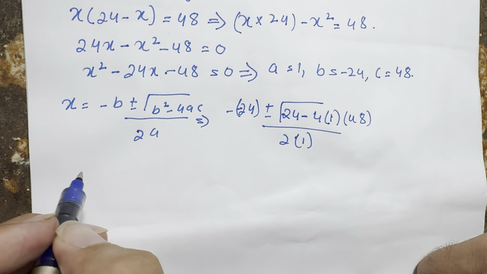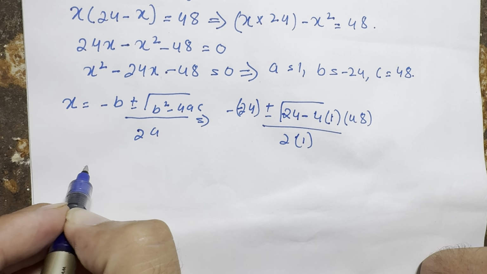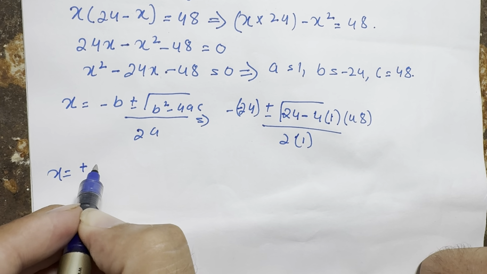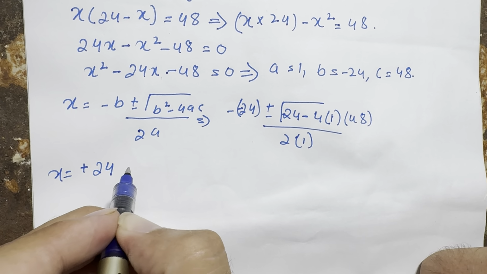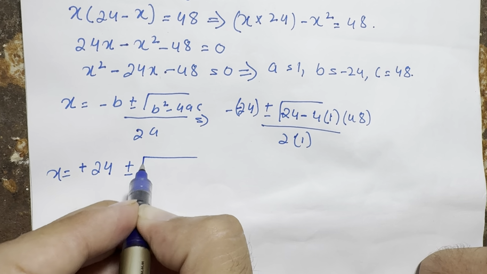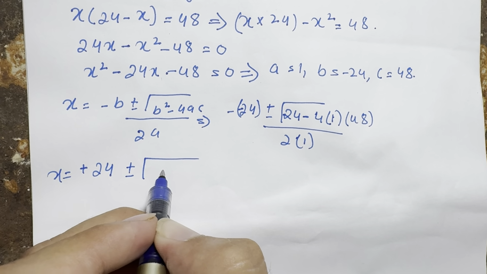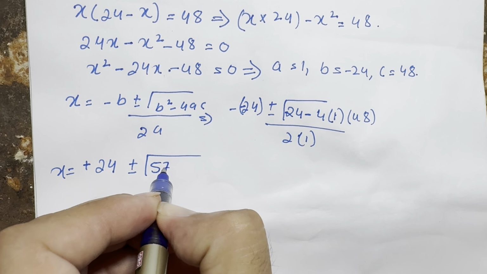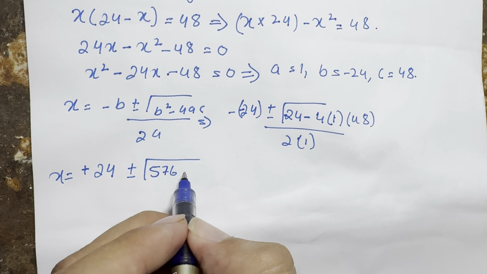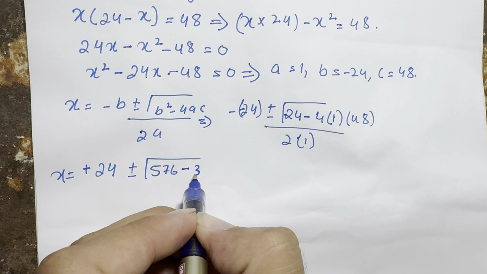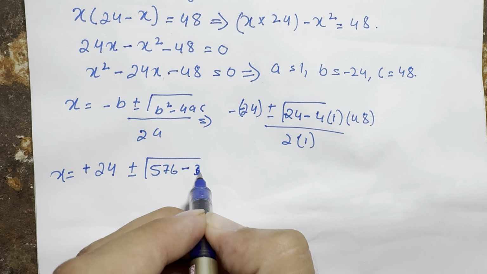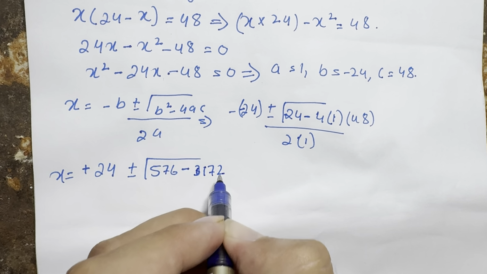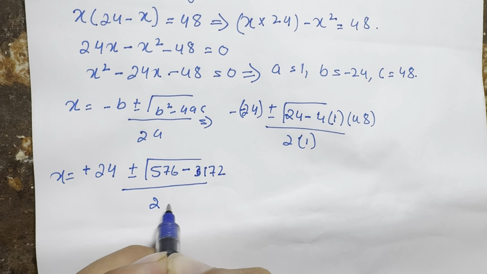Okay, so this will become 24 plus minus square root of 576 minus 192. Okay, from this we will get 192, divided by 2 into 1.